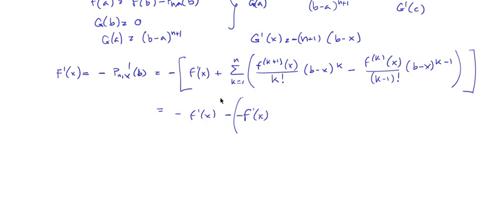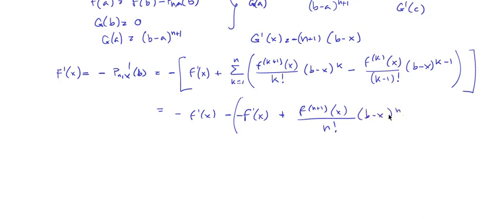This is minus all of this sum, and the first term is negative, and then every term gets cancelled out, right? So the next term here is the second derivative divided by 1 factorial times (b minus x) to the 1, which is the first term in the previous sum, and so the second term here is the third term, the fourth term, and so on, right? So the last term that remains is plus the n plus 1 derivative of f at x divided by n factorial times (b minus x) to the n.